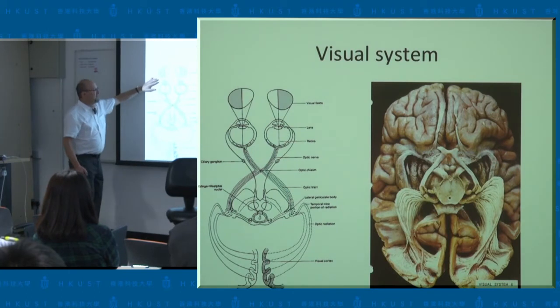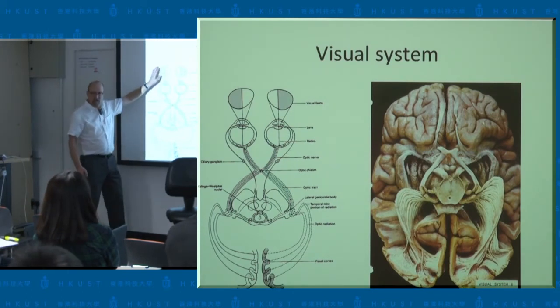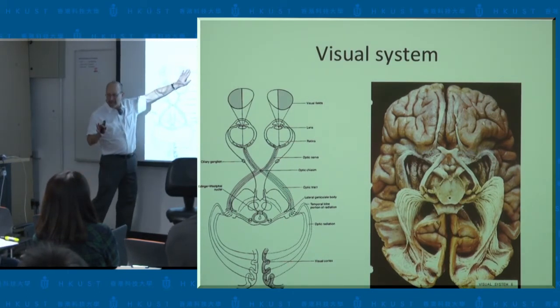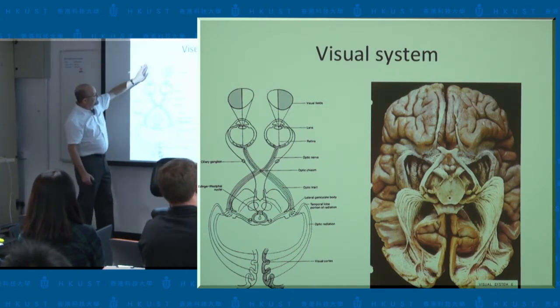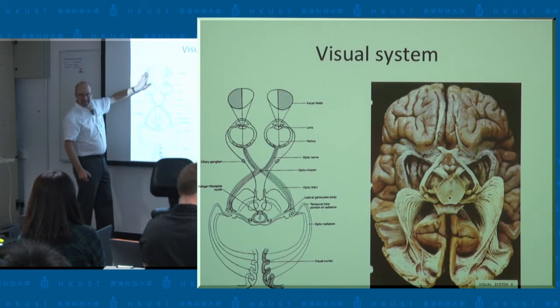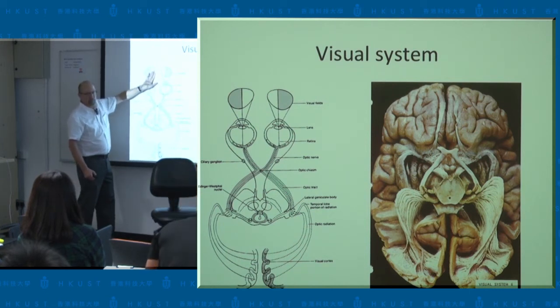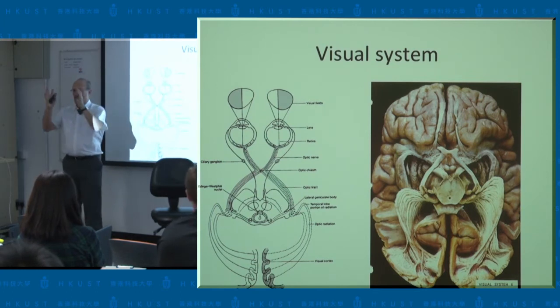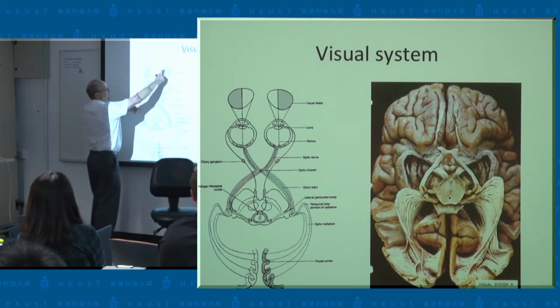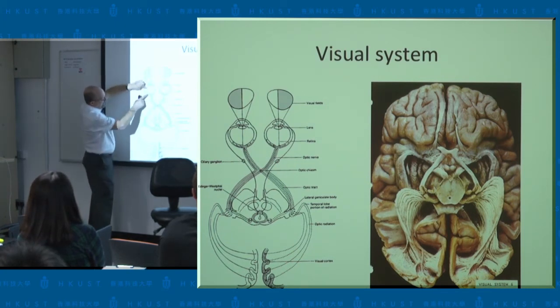So let me first tell you that things on the left side of the world and the right side of the world map in a complicated way. Watch this. This is the left side of the world, solid, and the right side of the world here. Each eye sees left and right. The left eye has left world that stays on the left side of your brain.